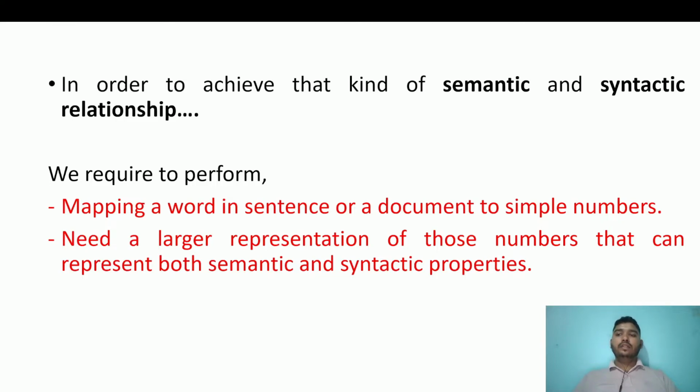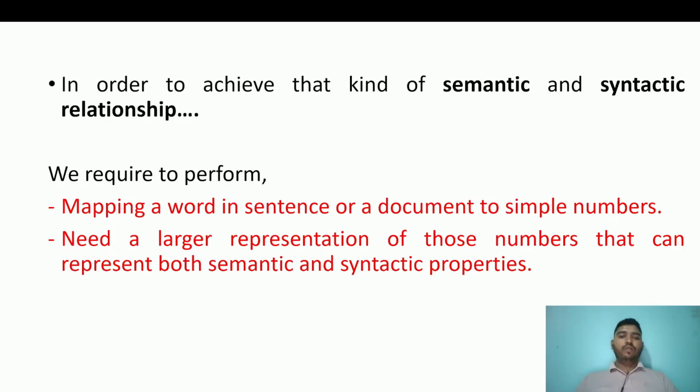And second, we need a large representation of those numbers that can represent both semantic and syntactic properties, which means we should have vectors which are already trained and carry the semantic and syntactic properties of these numbers. We can also call them features.